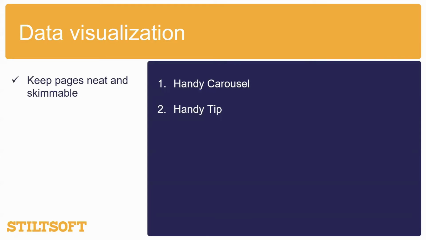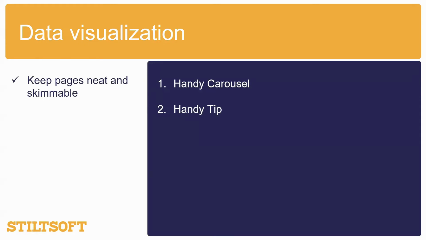Another way to improve your data visual part in Confluence is keeping your pages neat and skimmable and not overloaded with information. And it's done with the help of Handy Carousel or Handy Tip macros.